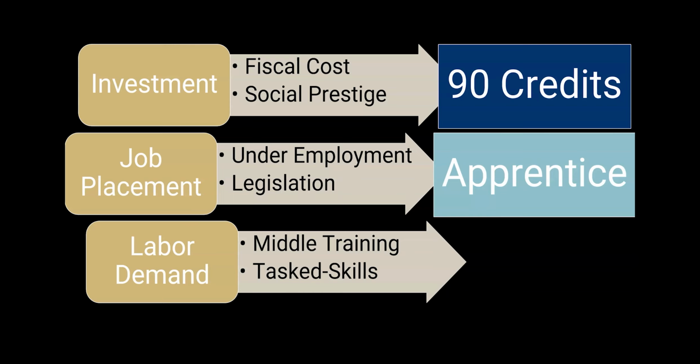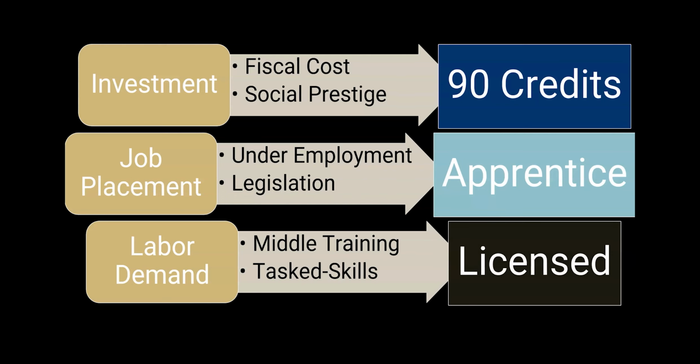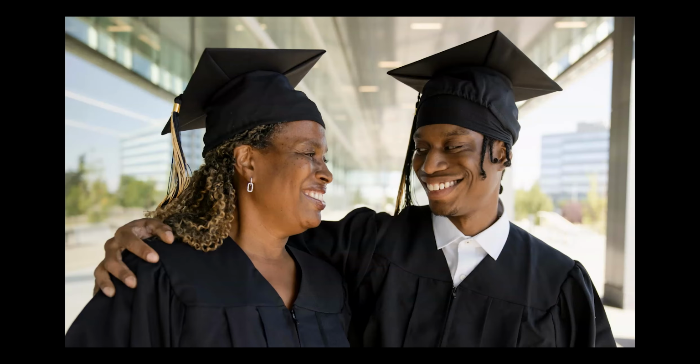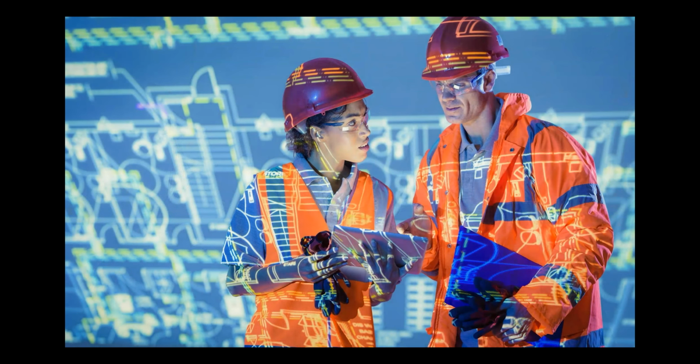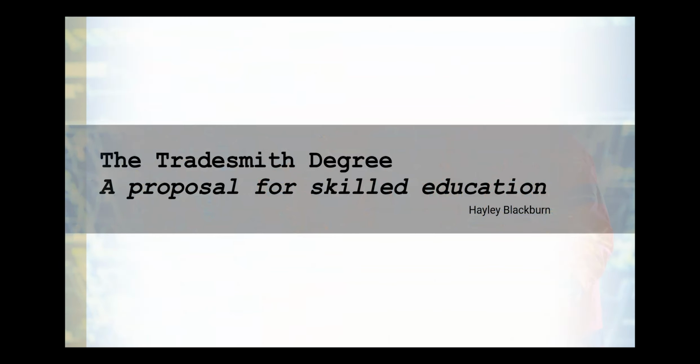We're going to partner you with an actual apprenticeship so you are literally getting employed while you work. Labor demand, we need people licensed in all these different trades. This would license you. You'll graduate right into these similarly salaried, very stable in-demand jobs with that tradesmith degree, ending with my title slide.